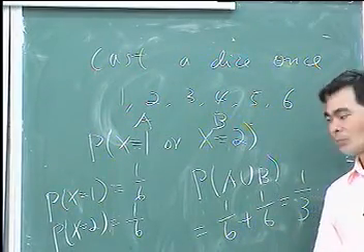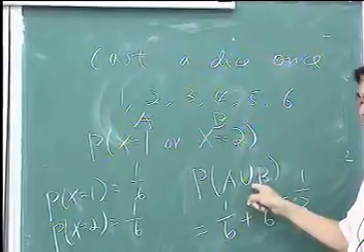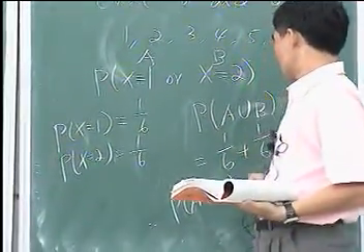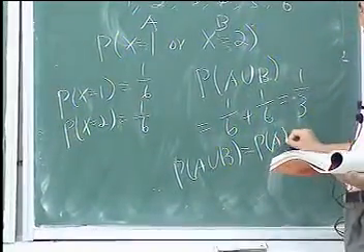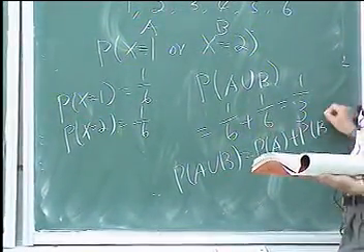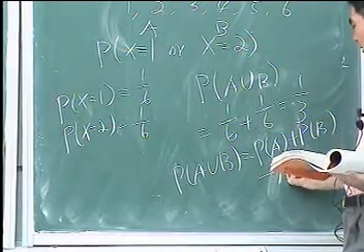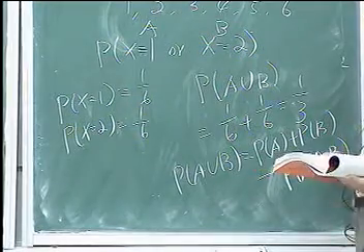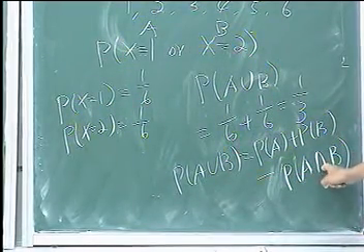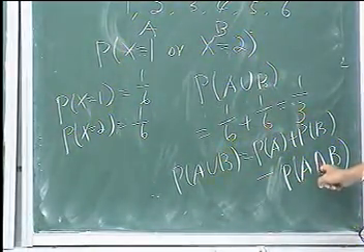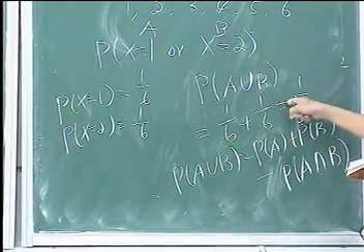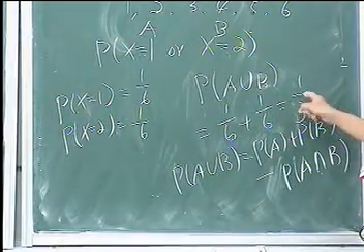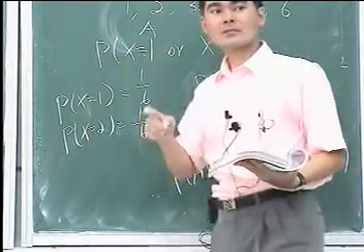But as you may know, P of A union B is, as a matter of fact, P(A) plus P(B) minus the probability of A intersect B. But A intersect B is the empty set, so this is 0. 1/6 plus 1/6 minus 0 is still 1/3. So you get it?